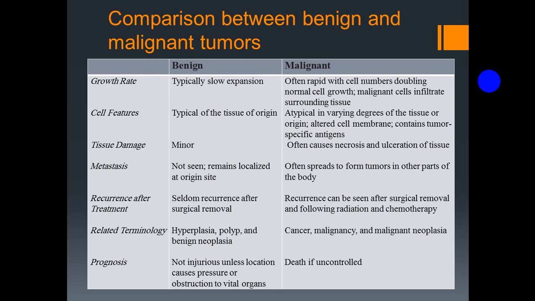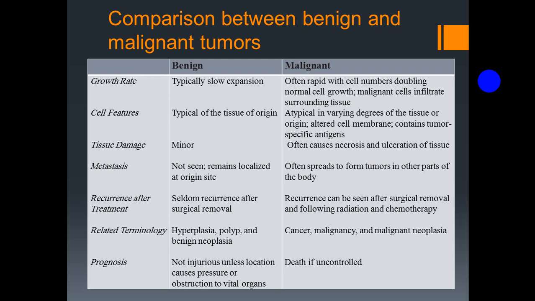Malignant cells infiltrate surrounding tissue, while the cell features in the benign are typically of the tissue of origin, while in the malignant they are typically of varying degree of the tissue of origin. The altered cell membrane contains tumor-specific antigens.